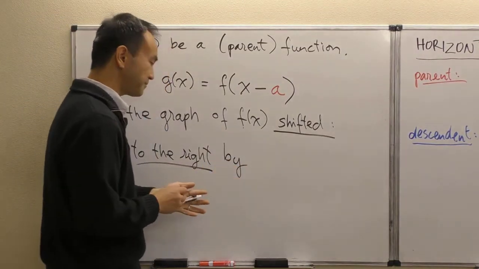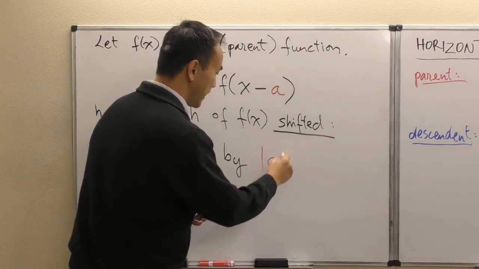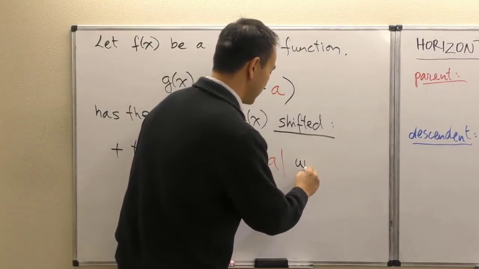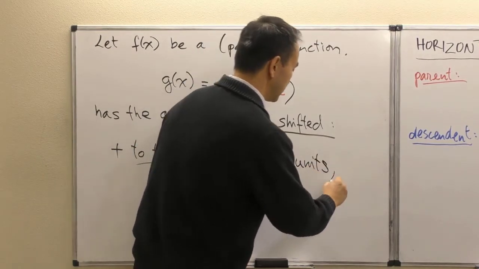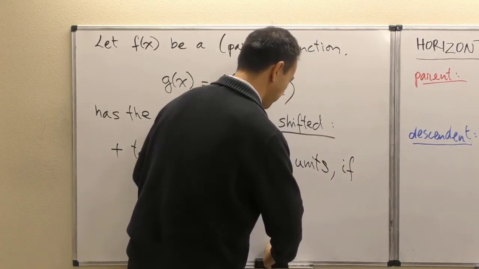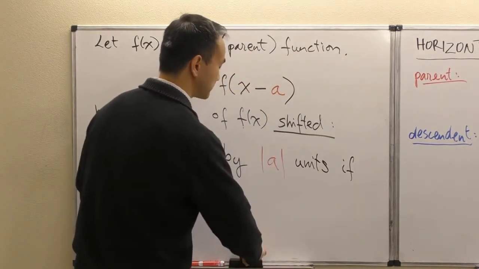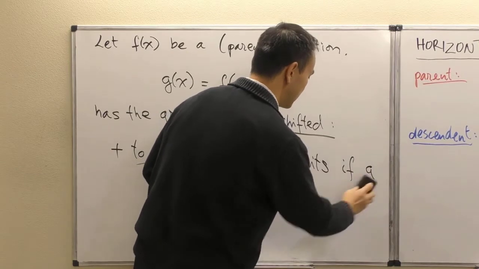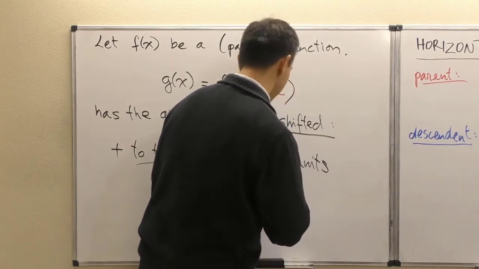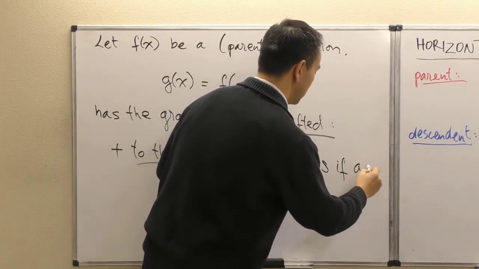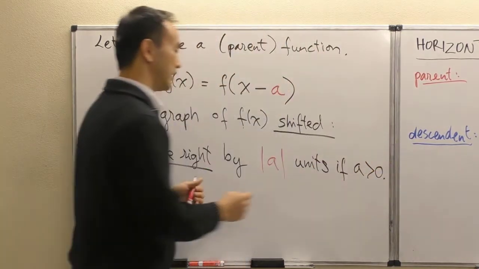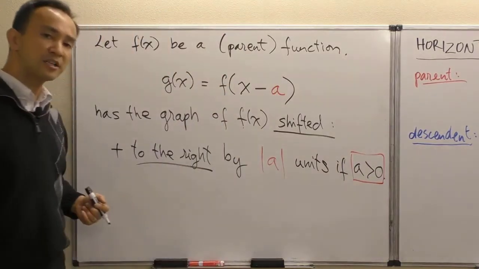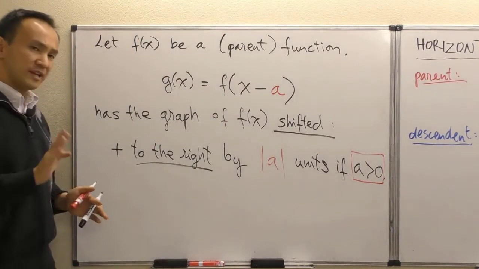By absolute value of a units, if a is a positive value. All right, so underline that, or put that in a red box or something like that to highlight that. Okay, so that's one statement.